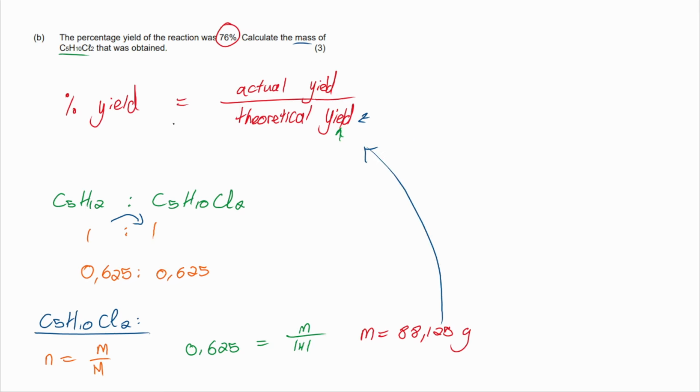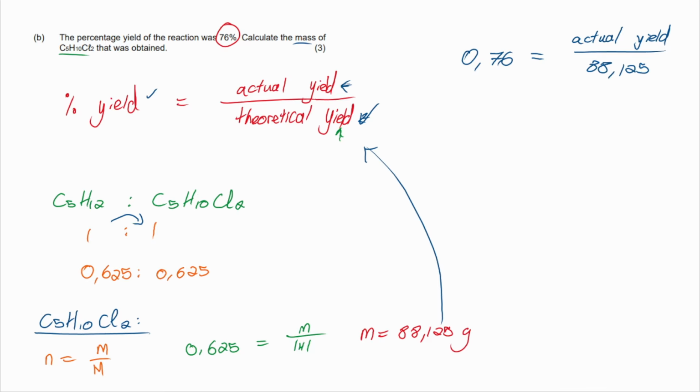That is nice because we can then put that in here. And what's also nice, because here we have our percentage yield, we now know this, so we can find our actual yield mass. That's what they want. So we're going to have that 0.76, or 76%, is equal to our actual yield over our theoretical, which is 88.125.